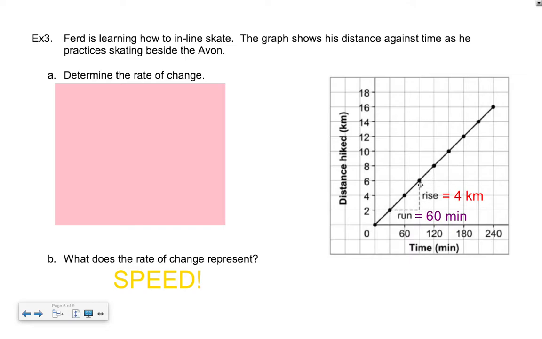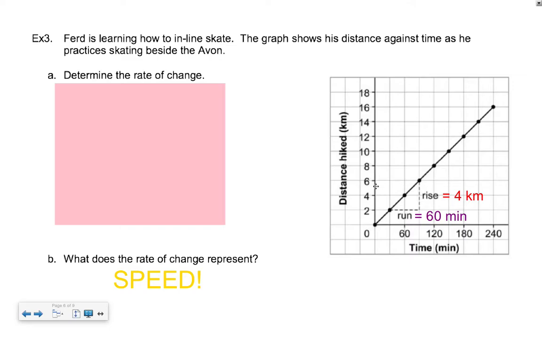So here's the triangle, and I just want to make sure you're very clear on where this 4 kilometers and where the 60 minutes comes from, because you might look at this and say, well, it's 6. Where'd she get 4 from? Then you might look at it and say, well, there's the 4, and that's not exactly correct. The 4 happens because in the triangle I chose right here, it starts at 2 and it ends at 6.